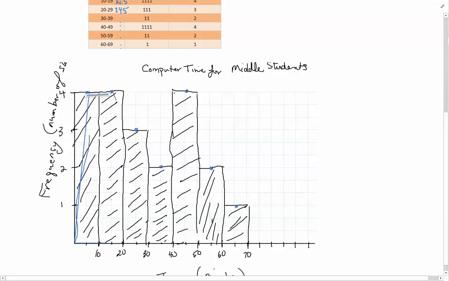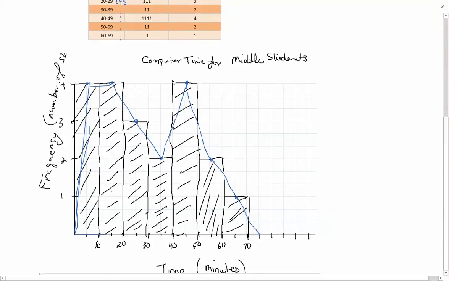Okay, I'm going to just try to draw straight lines. So this is a frequency polygon, like so. And that's the way we draw a frequency polygon. There can be a histogram underneath it or not. Doesn't matter.